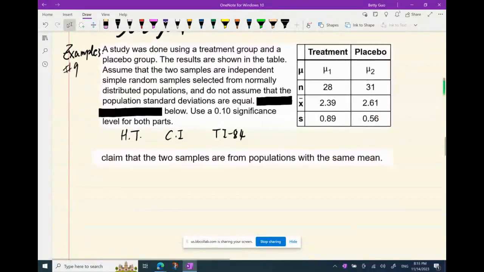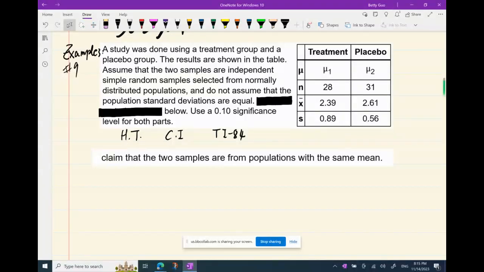Oh, I forgot to tell you that when it comes to testing the claim regarding two population means, all three methods, the critical value method, the p-value method, and the confidence interval method, are all equivalent.